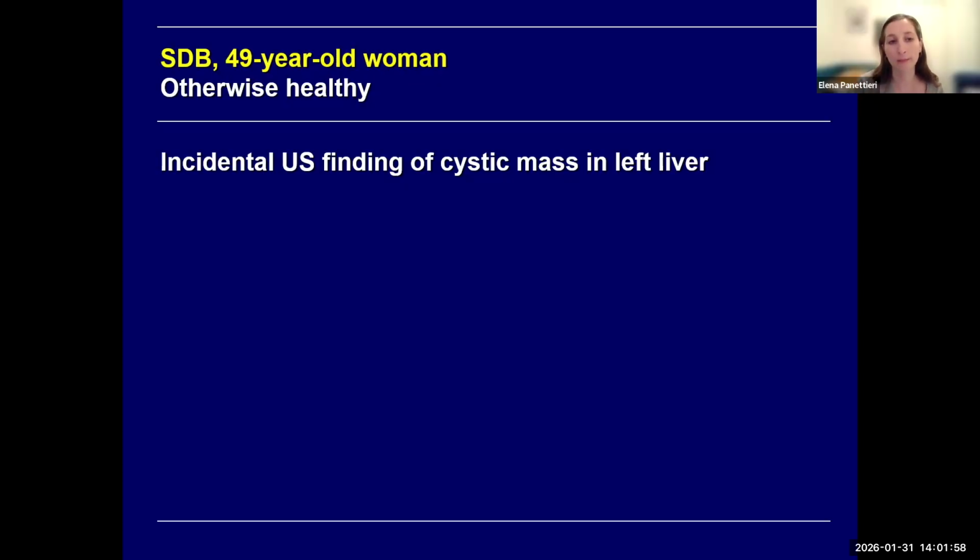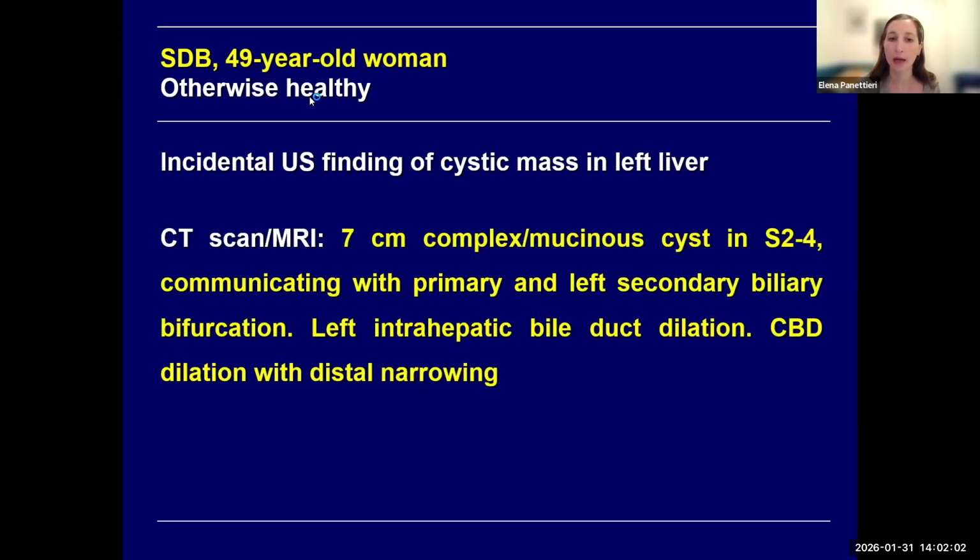Because of that, she underwent CT scan and MRI that showed the presence of a 7-centimeter complex mucinous cyst in segments 2 and 4, communicating with the primary and left secondary biliary bifurcation.